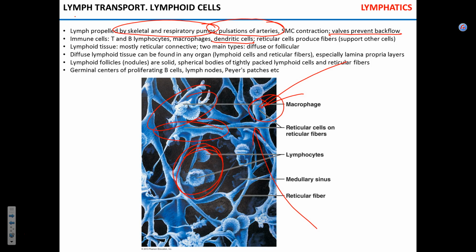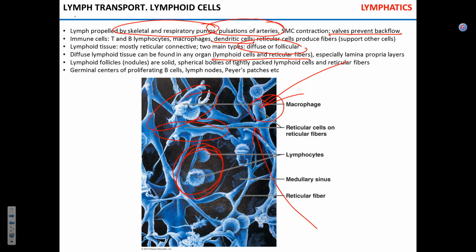There are two types of lymphatic tissue: diffuse and follicular. So diffuse lymphoid or lymphatic tissue can be found everywhere, quite literally everywhere. If you would look in the connective tissue, for instance, you would find diffuse immune cells in that connective tissue.